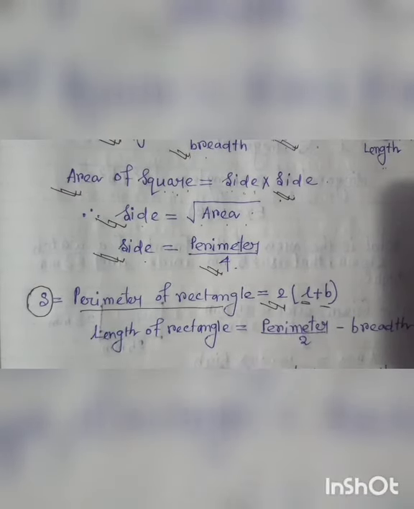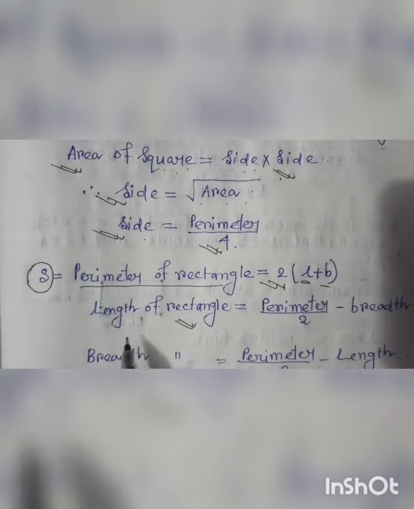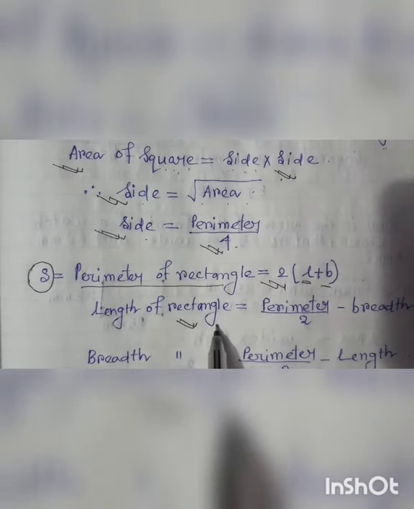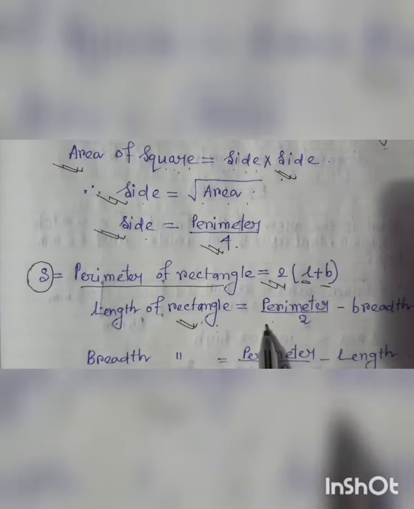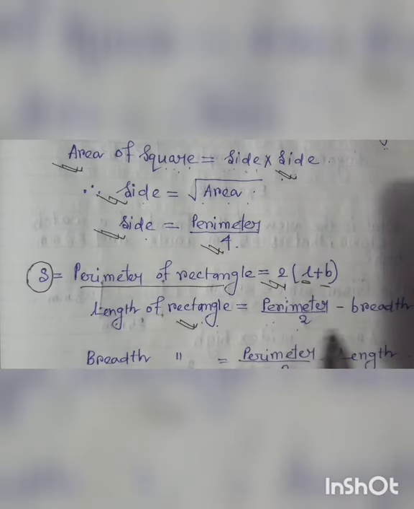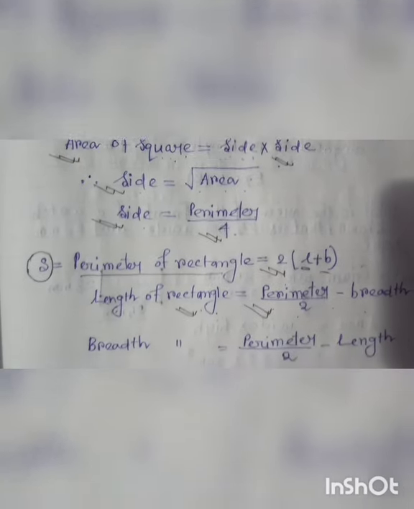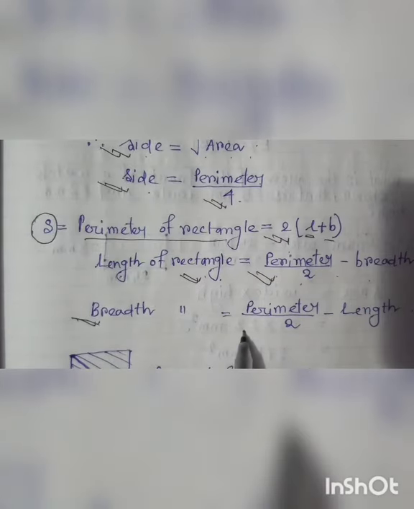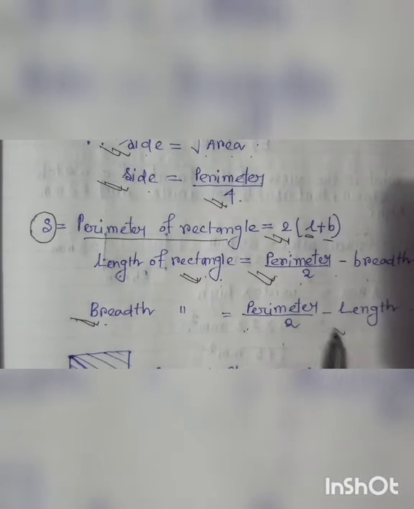So from the perimeter, if you have to find the length of the rectangle, then length is equal to perimeter divided by 2 minus breadth. Similarly, if you have to find the breadth of the rectangle from the perimeter, then breadth is equal to perimeter by 2 minus length. Okay.